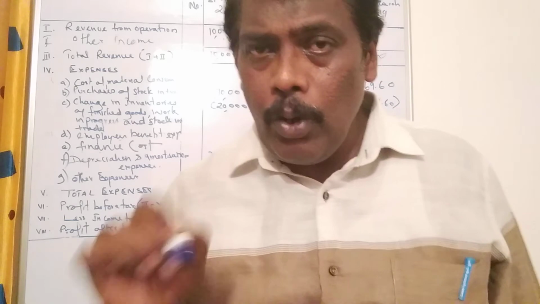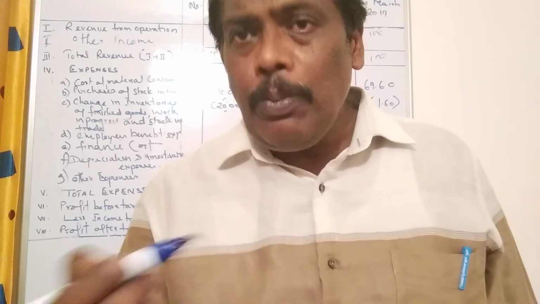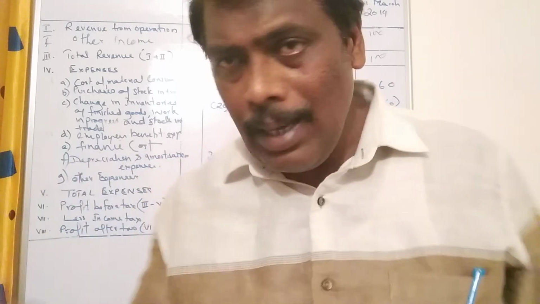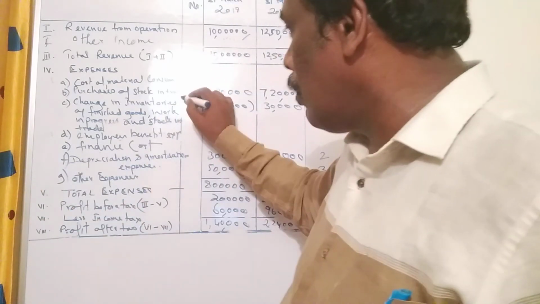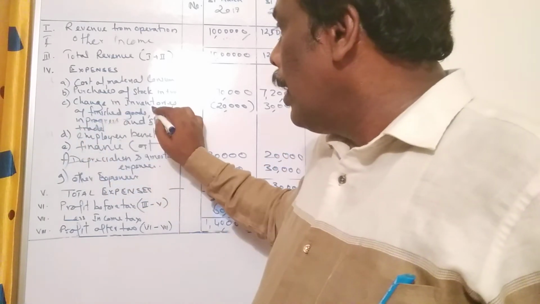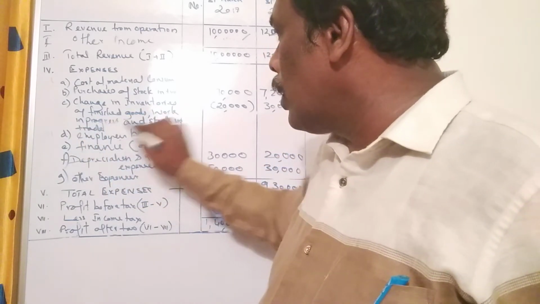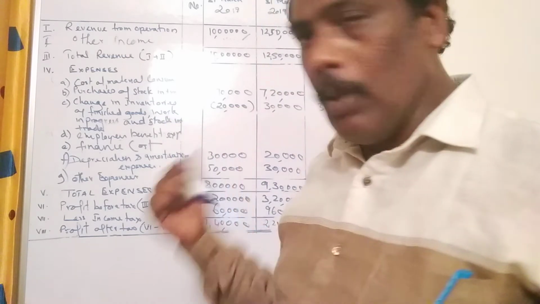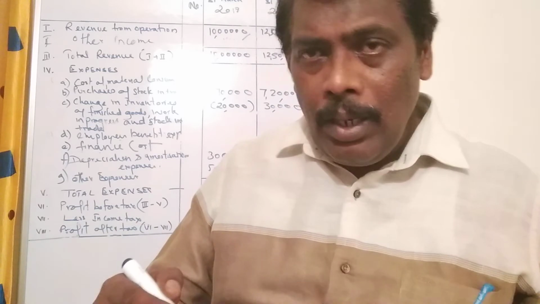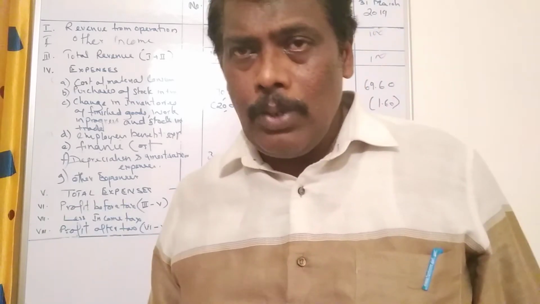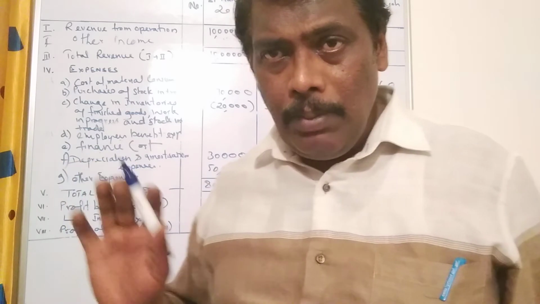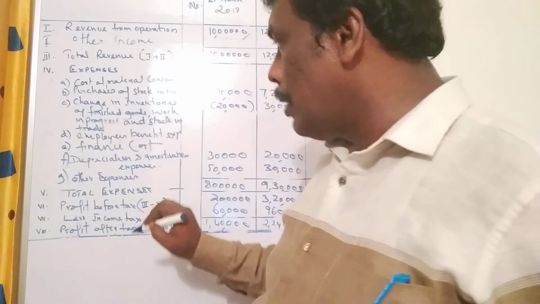Under this head we record net purchase, which means purchase minus sales. Then the third one, change in inventories of finished goods, work in progress and stock in trade. Change in inventories means opening inventories minus closing inventories of these items. Whatever the amount comes, that has to be recorded under this head.